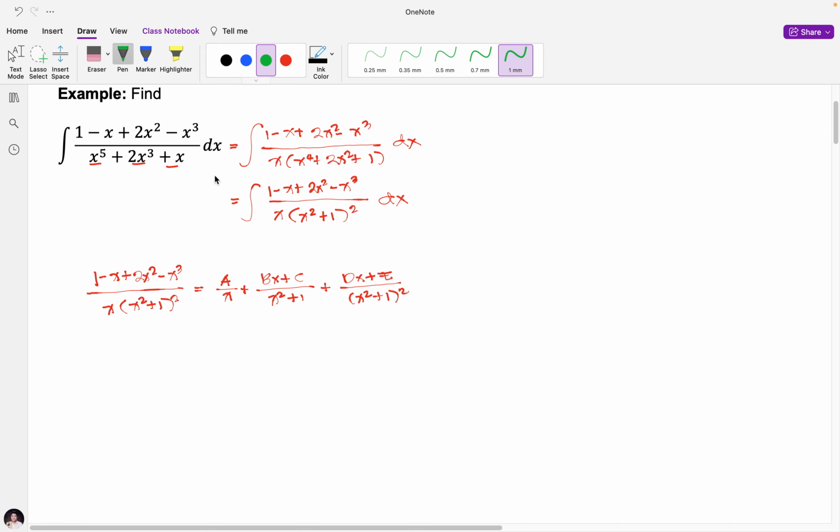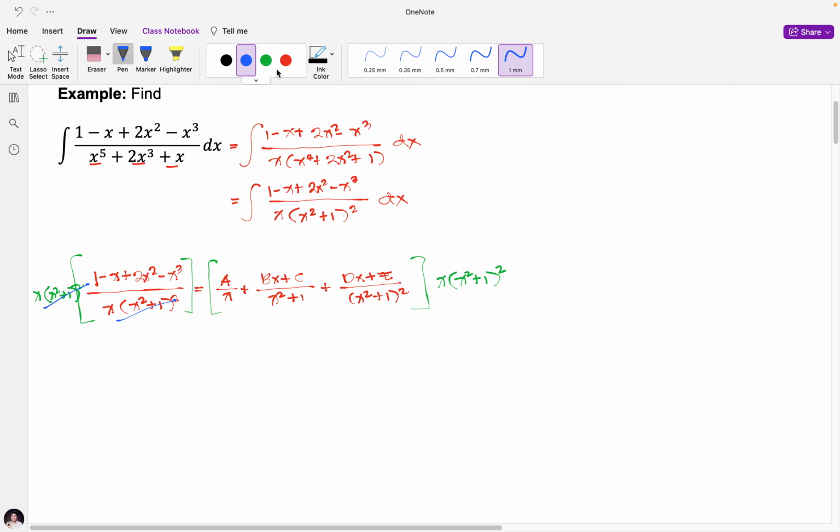Next, we will eliminate the denominator. The same process lang talaga siya. So that is multiplying both sides by x times x squared plus 1 squared. Same here, x times x squared plus 1 squared. So from that, this will be eliminated.